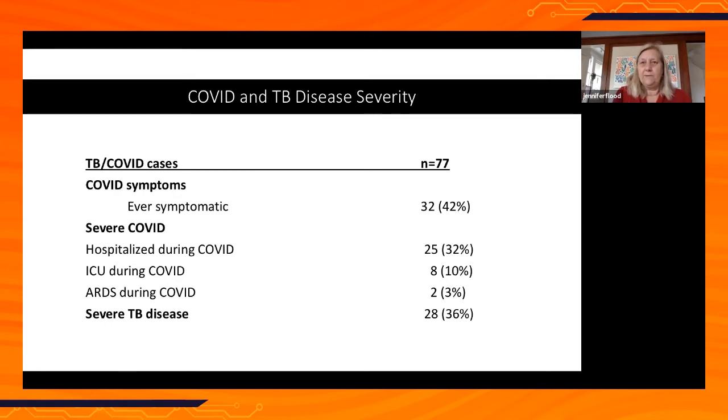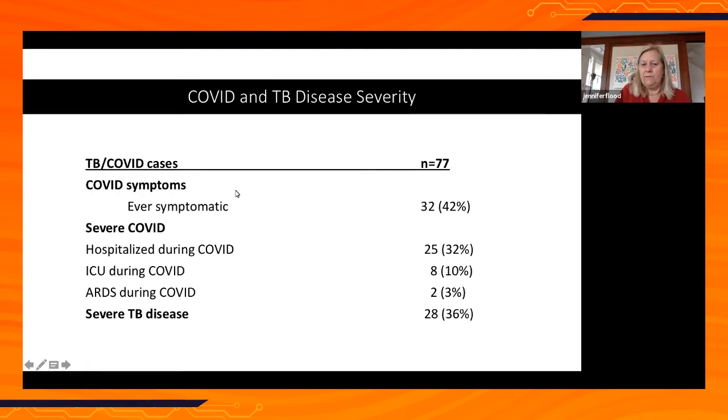These were cases or persons who had both TB disease and COVID. They may not have been simultaneous. TB may have preceded COVID, or COVID may have preceded TB. So if you look at this group of patients, there were 77, and you look at disease severity, you can see that 42% had COVID symptoms.